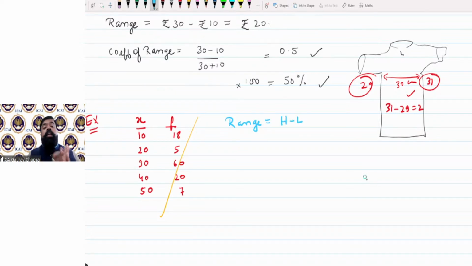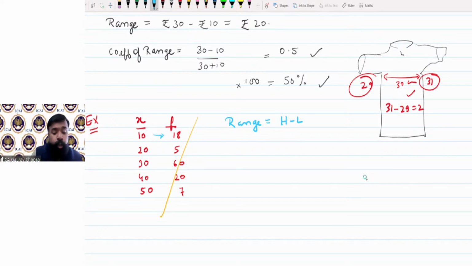Only this is the formula. We don't have to consider the frequency because frequency means the number of times that thing is getting repeated. Let's say if 18 is written in front of 10, it means that number 10 is getting repeated 18 times.